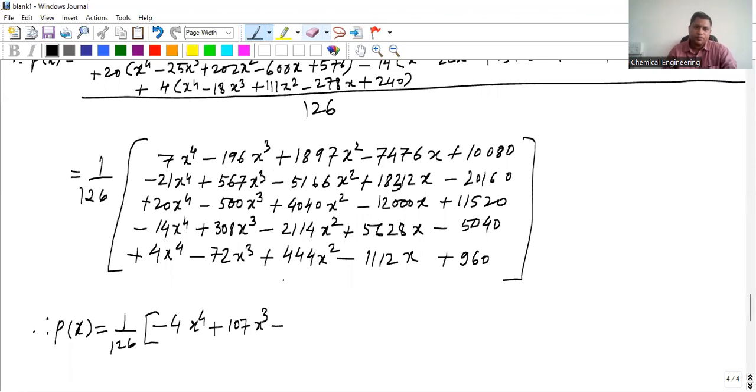What about this term? Minus 899x square. What this term? Plus 3352x. And this term? Minus 2640.